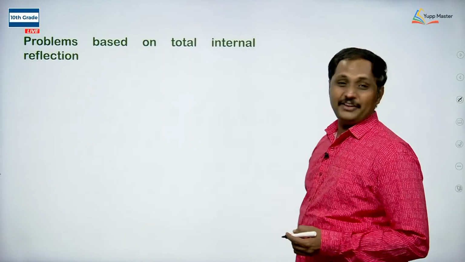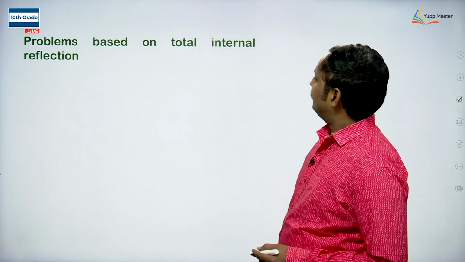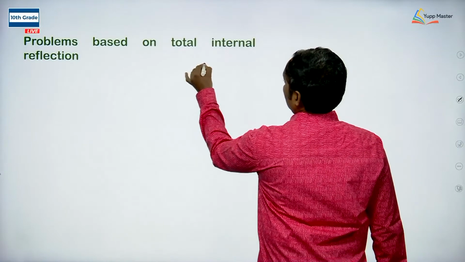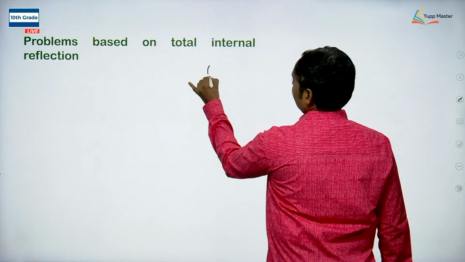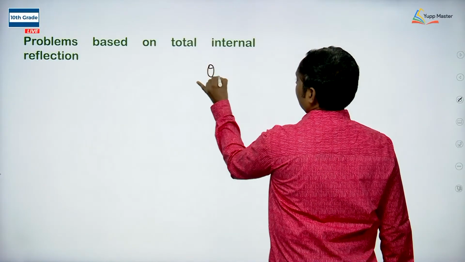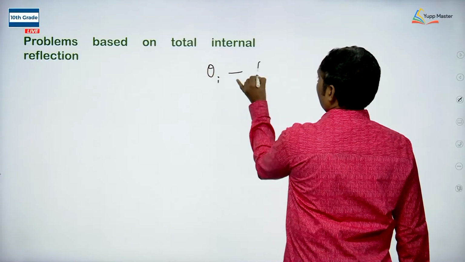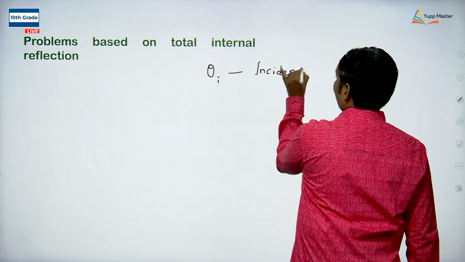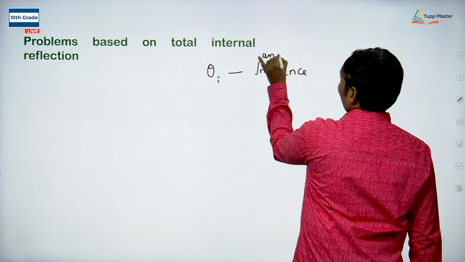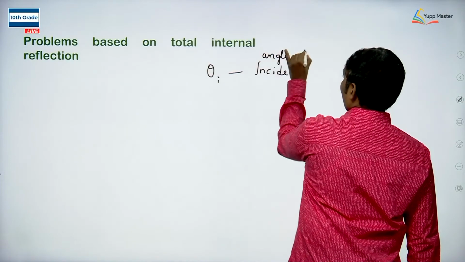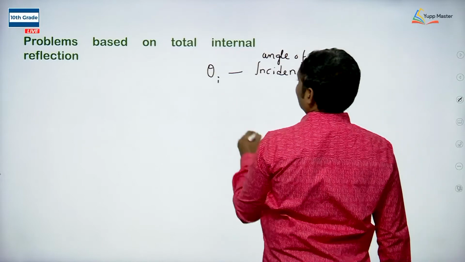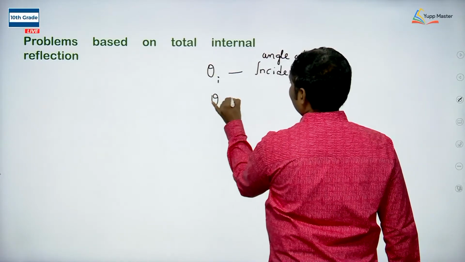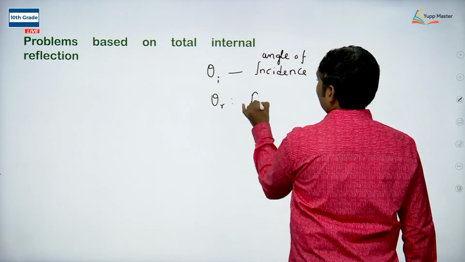Now, problems based on total internal reflection. Here theta i is the angle of incidence and theta r is the angle of refraction.